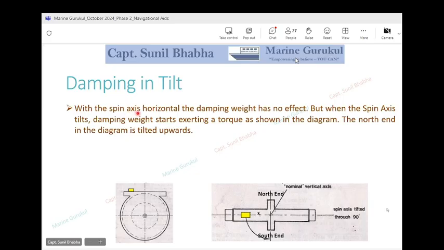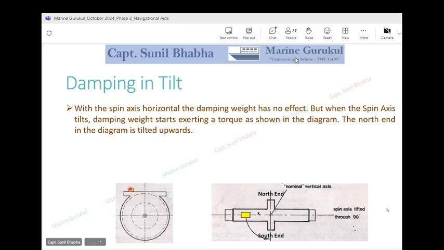Now with the spin axis horizontal, that means the first diagram, the damping weight has no effect at all. It does not generate any effect at all because the damping weight is in the same plane as the rotor.